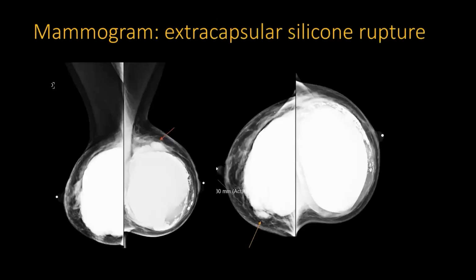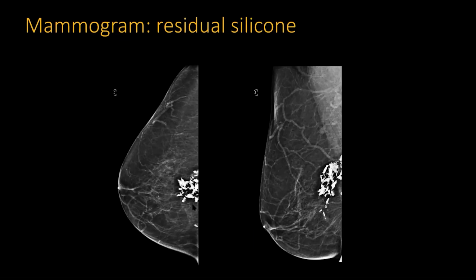And this is an extracapsular silicone rupture. It's not difficult for us to see this silicone get out of the implant envelope over here and over there. You can see that this implant is quite old. There are lots of calcifications associated with this capsule. This patient had an implant rupture and the implant was removed.